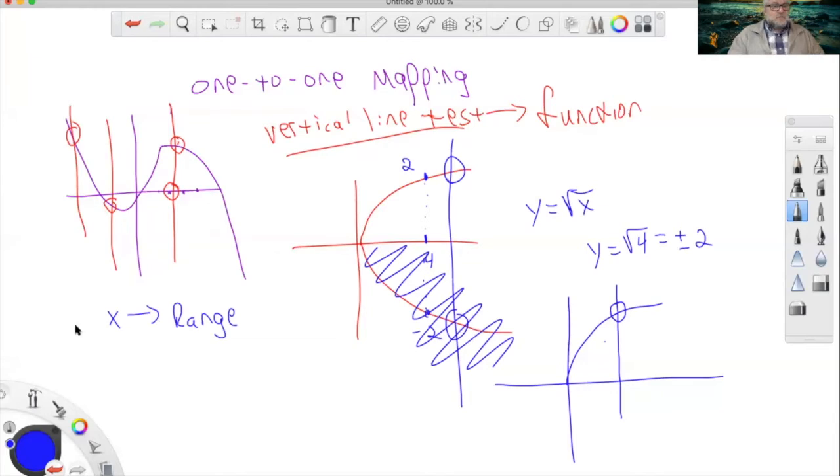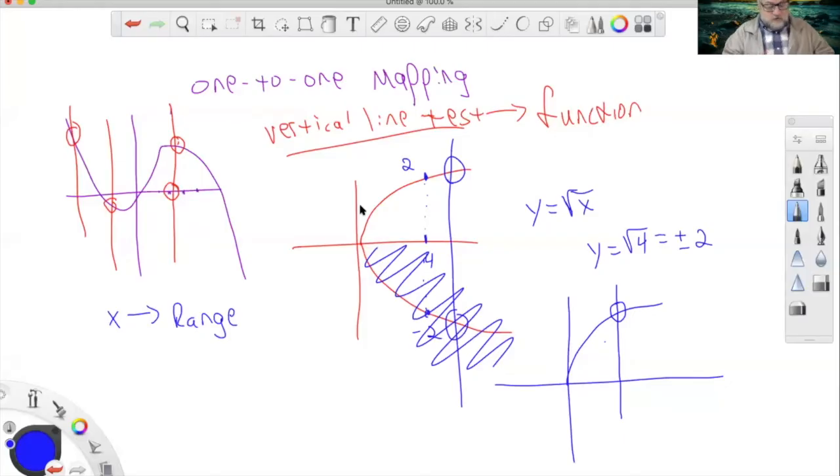I got it right. X is a range. The values, I got to check it again. I swear that's wrong. Oops. Okay, I'm back. And I knew I had it wrong. I always do this. I think it's wrong and I switch, and then I think it's right. No, it's wrong. So that's wrong. Wait, let me look again.